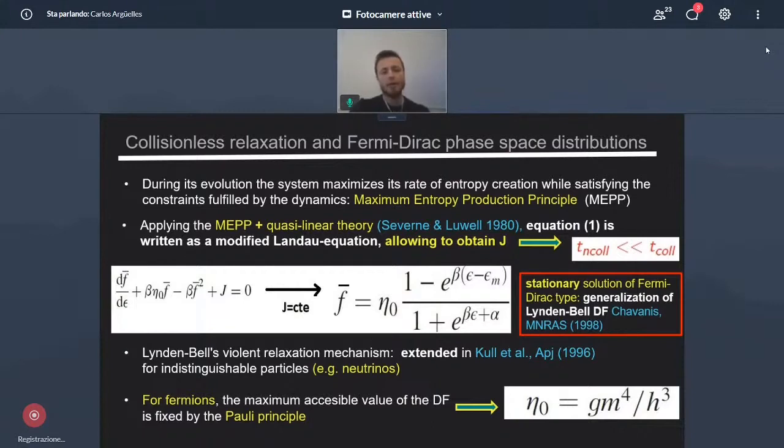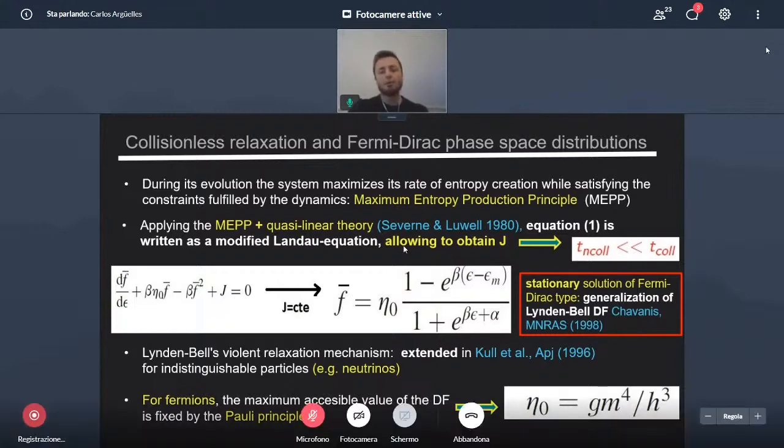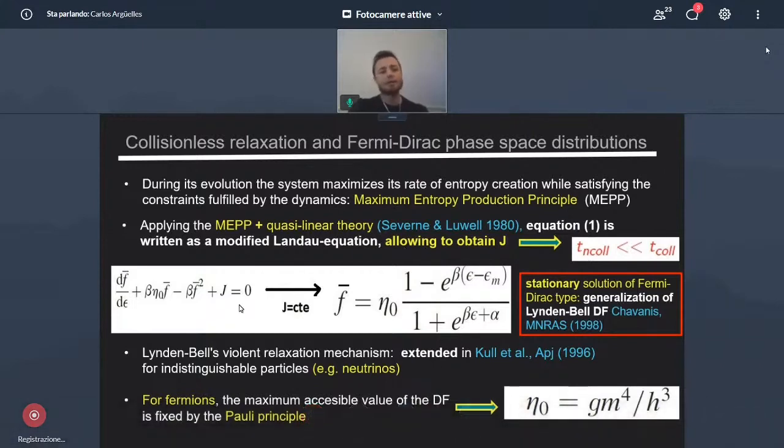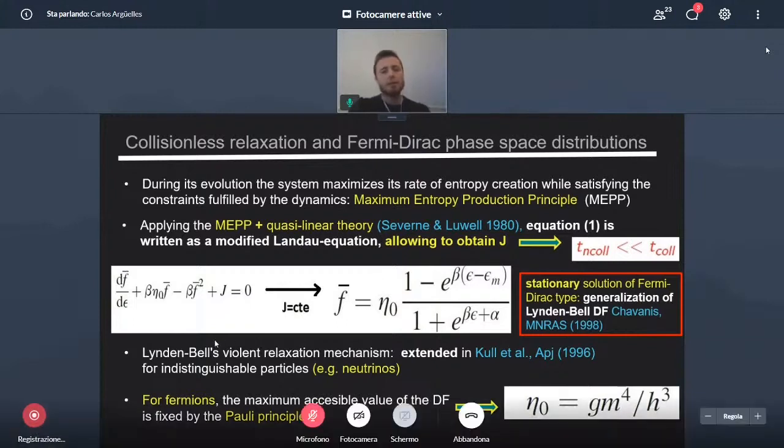This MEPP principle provides you a Fermi-Dirac-like distribution function at relaxation, that you see here. Interestingly, this generalizes the Lynden-Bell distribution function from violent relaxation. Indeed, you can obtain the standard Fermi-Dirac-like Lynden-Bell function by taking J equals 0, when no diffusion is taken.